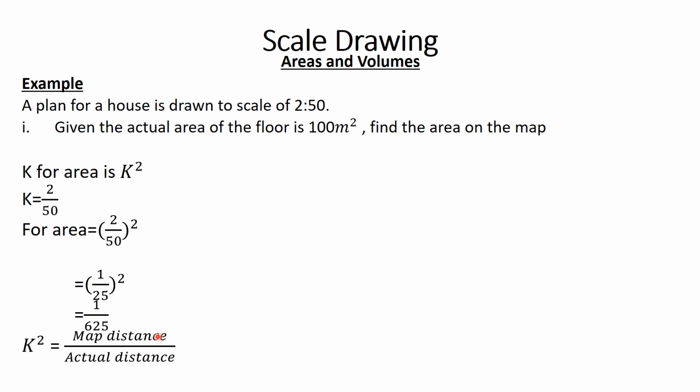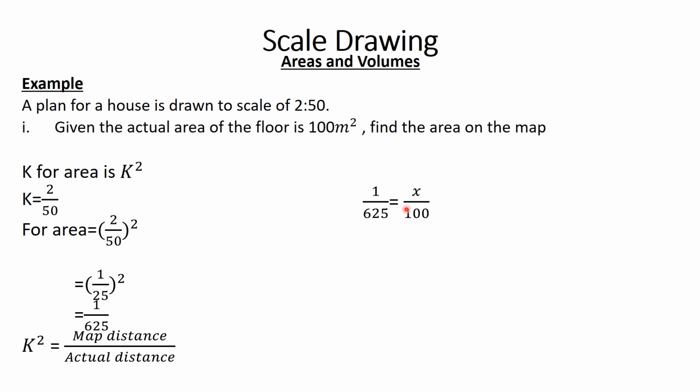Then on the map side, that's what we're looking for. In this case, we're not looking for distance, it's area. So the best way to write this is map area over actual area. For the map area we put x, and for the actual area we put 100. So we have 1 over 625 equals x over 100.